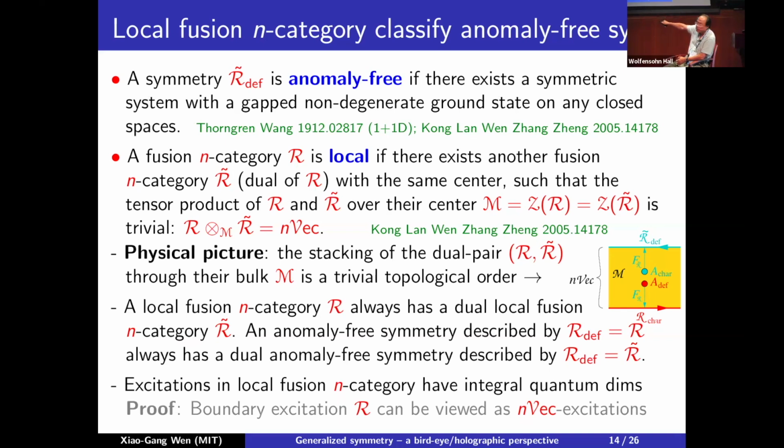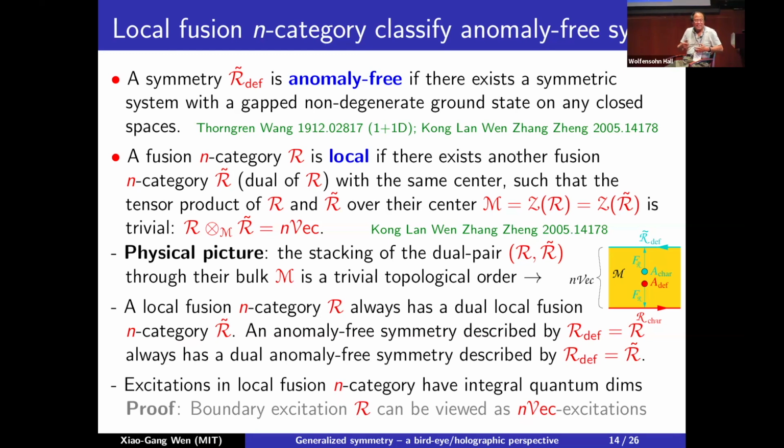That means both R and R tilde can be viewed as the boundary of a topological order in one higher dimension. The local condition is such that when you stack these two boundaries, R and R tilde, via this common bulk, the resulting slab becomes a trivial topological order.